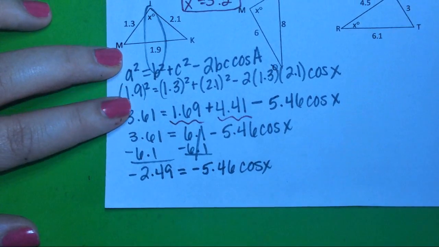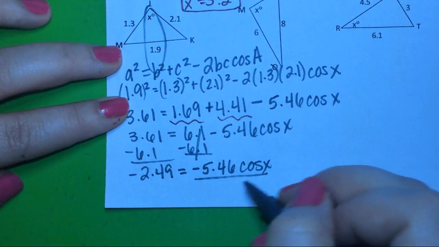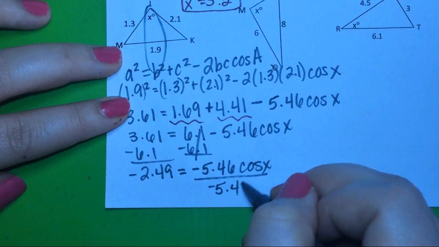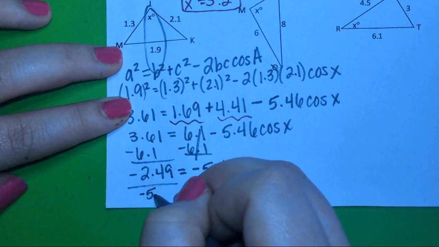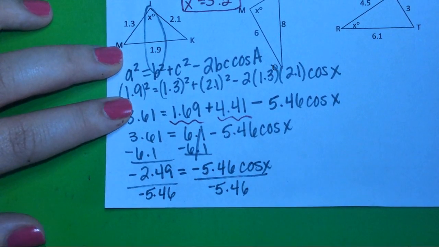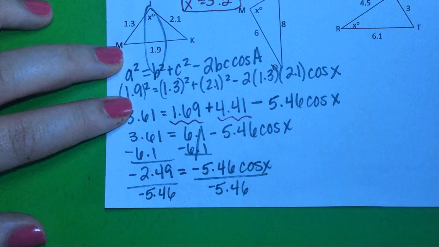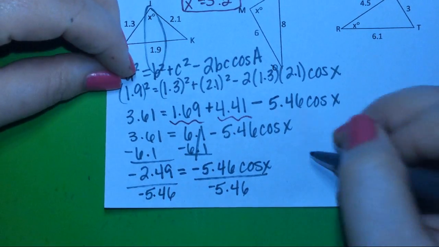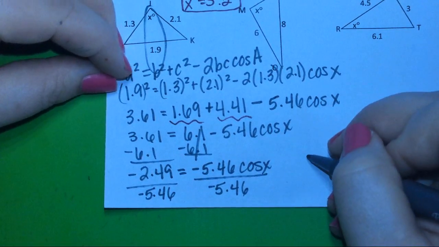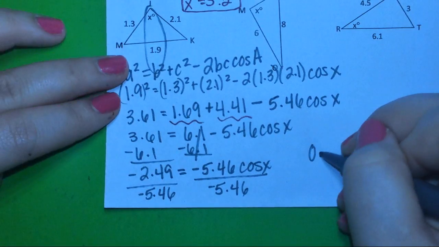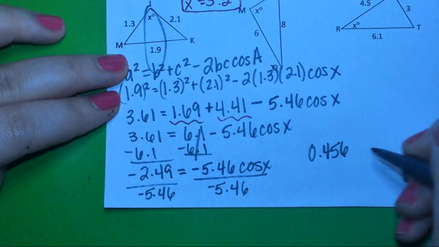Again, x is still not by himself, so I've got to divide both sides by negative 5.46. What did you get? I am going to put all 3 decimals.